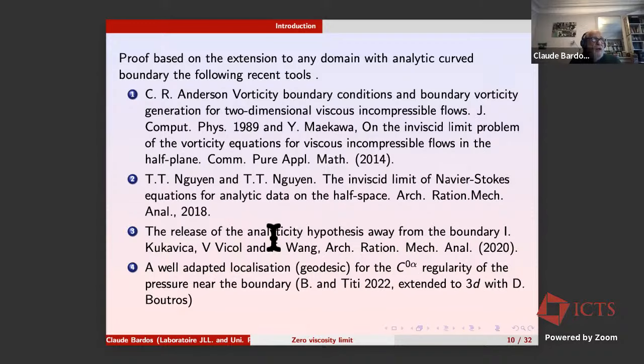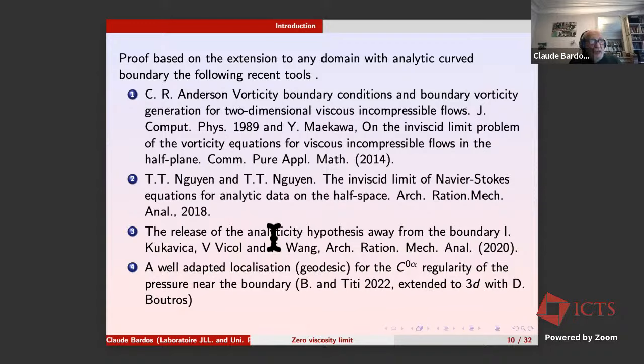Now, the point 4 is to move from the half space to a domain which has a curvature, or more or less any kind of domain with analytic boundary. And for that, point 4 is to use a very sharp analysis of the regularity of the evolution of the fluid near the boundary.